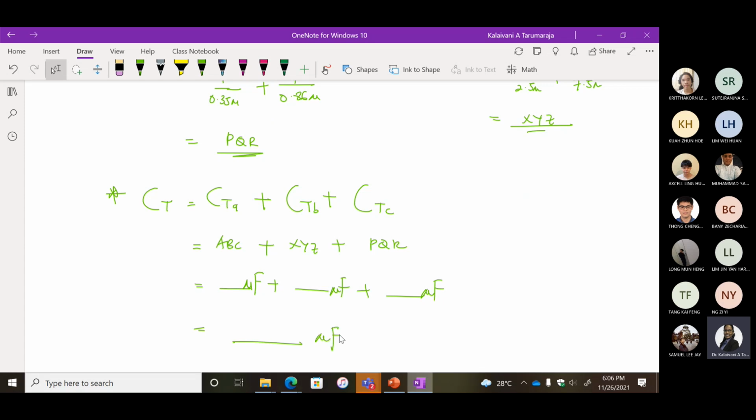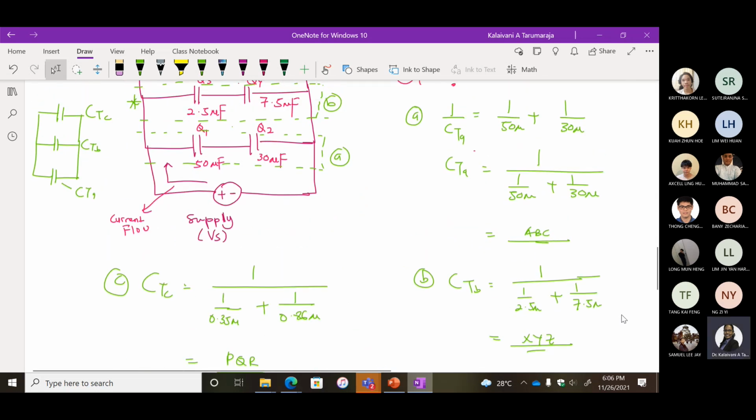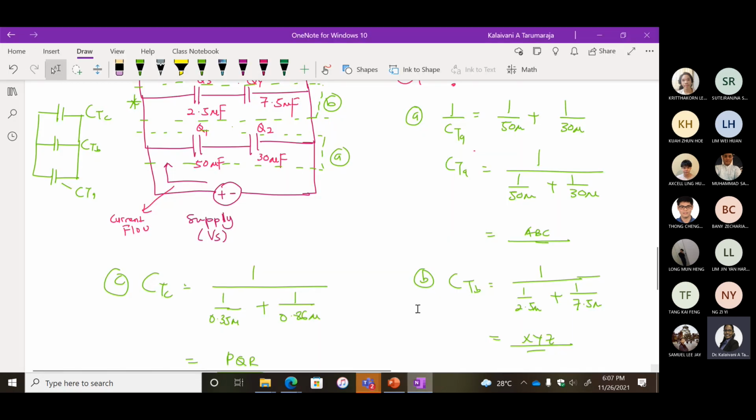Okay, does anyone get the last answer right now, based on your calculations? Series 285, parallel 51. Okay, the total answer. Can we know the total answer?